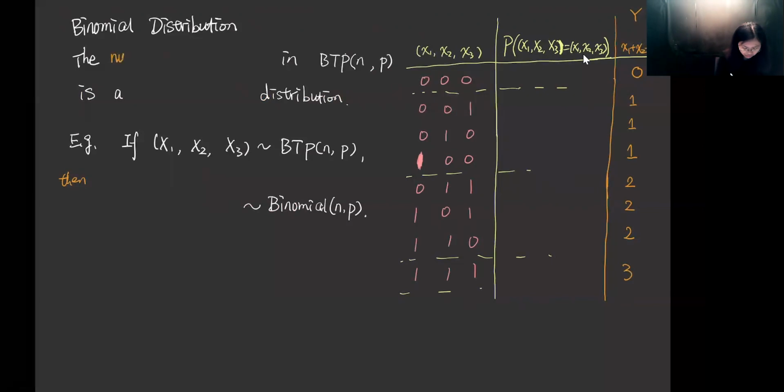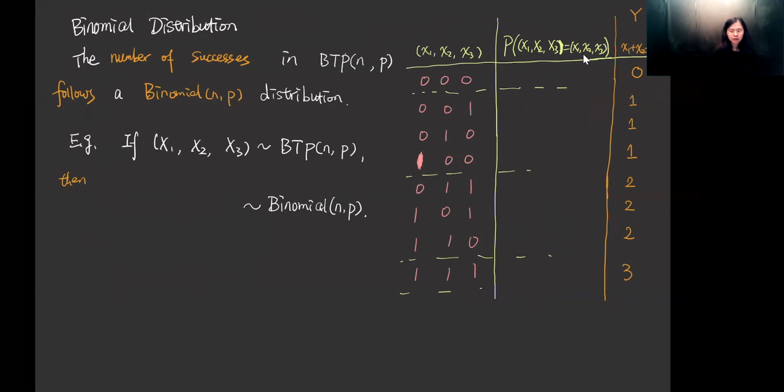So the number of successes in the Bernoulli trial process follows a binomial distribution.